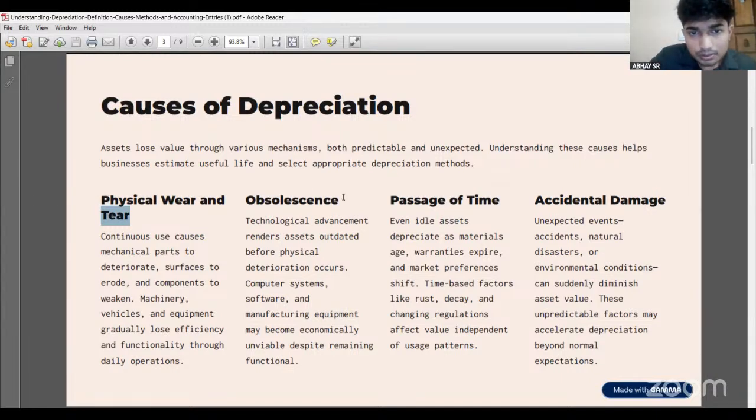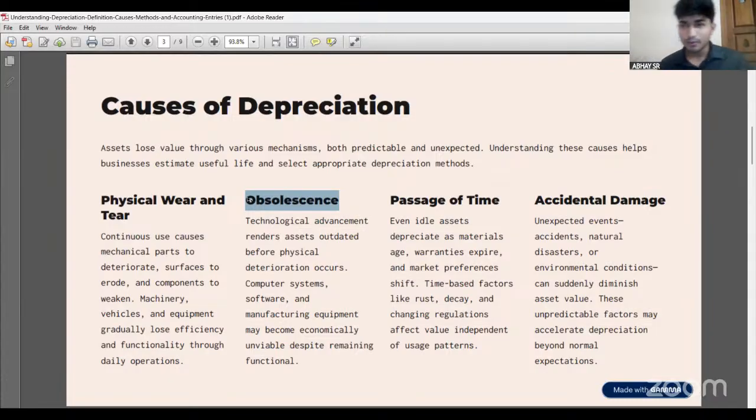And obsolescence. If I'm giving an example, right now I'm using an iPhone 11, and currently there is iPhone 17. Even though I can still use my iPhone 11 for whatever I want to use, the thing is, it's quite outdated.